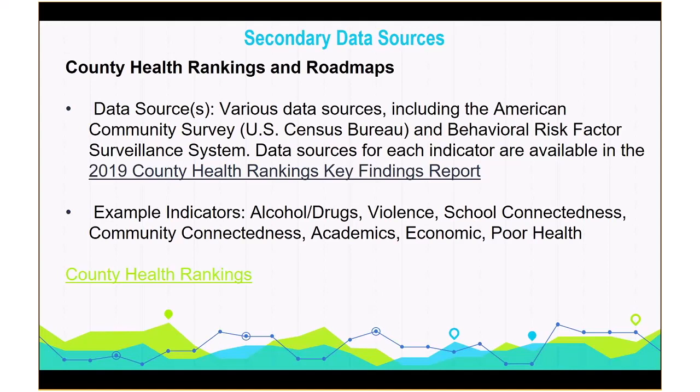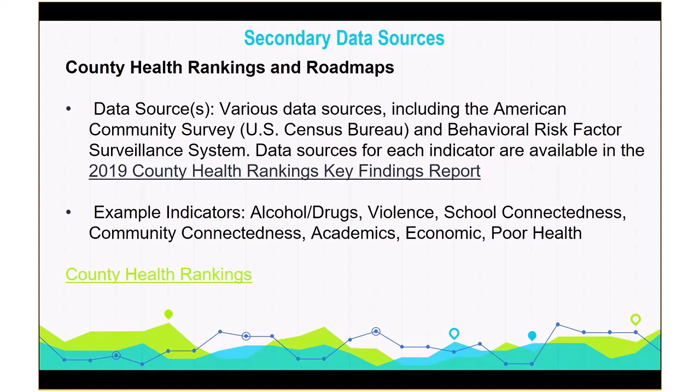The next data source we're going to discuss today is the County Health Rankings and Roadmaps. This site has various data sources, including the ACS and the Behavioral Risk Factor Surveillance System.